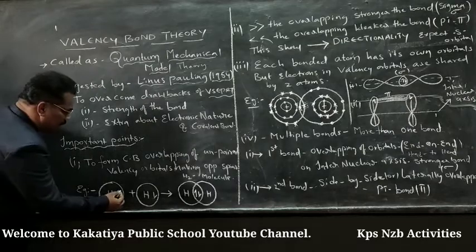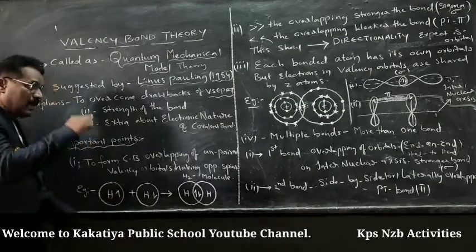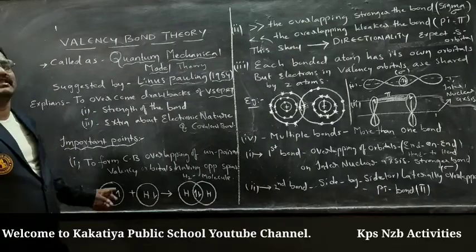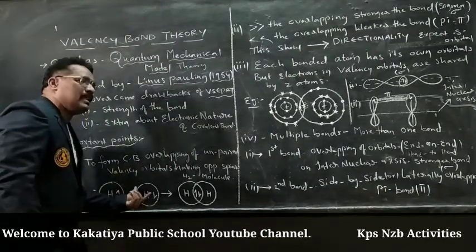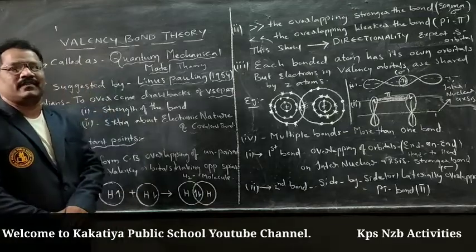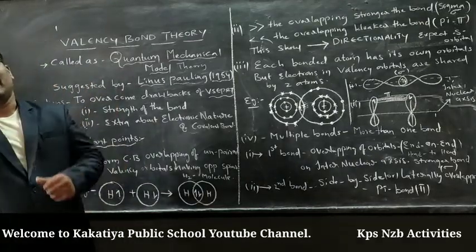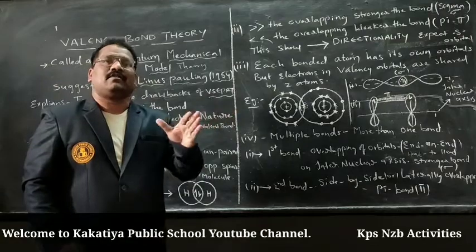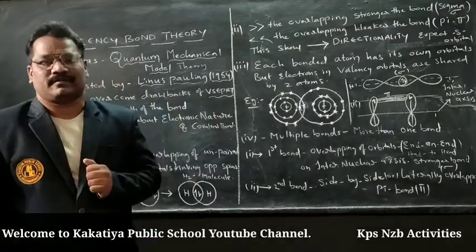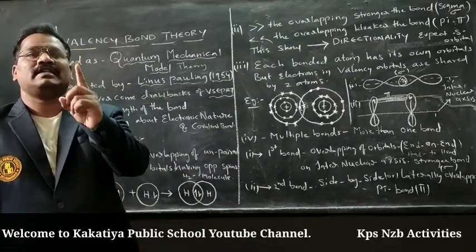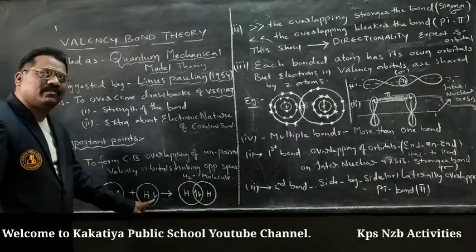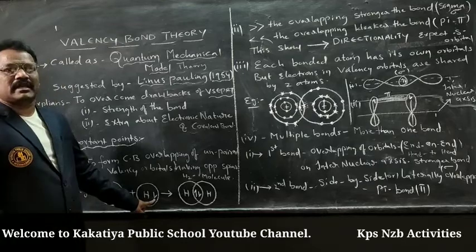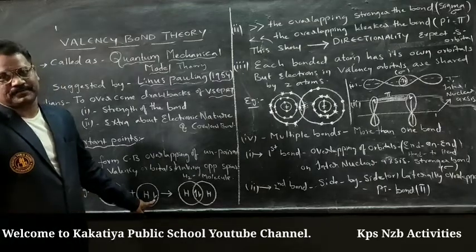That unpaired electron he has represented with an upward arrow, which is called a clockwise spin. Next, another hydrogen atom, whose atomic number is 1 and electronic configuration is 1s1, also has one unpaired electron, represented with an anti-clockwise direction or opposite spin.